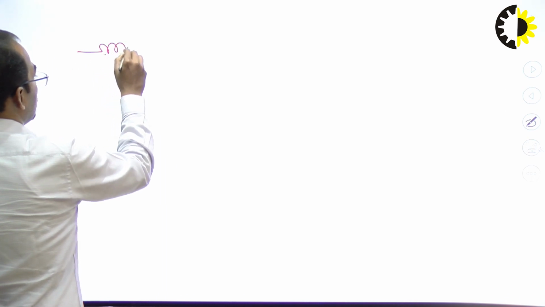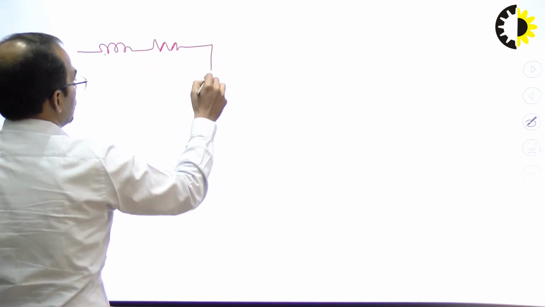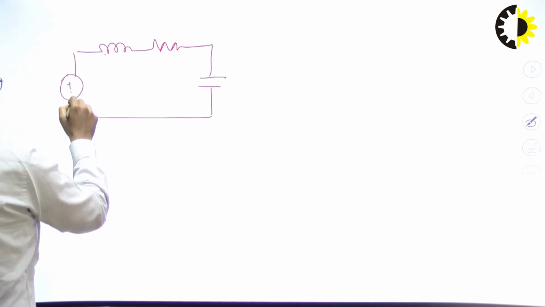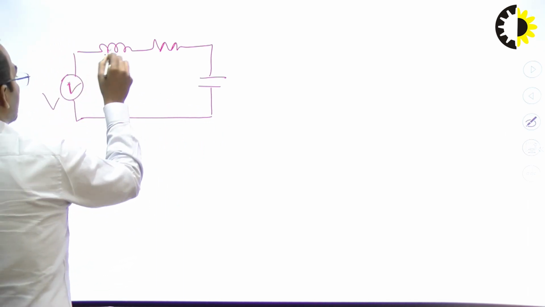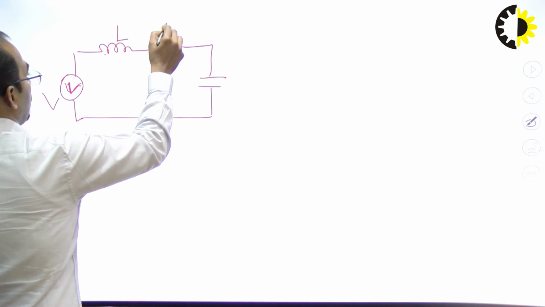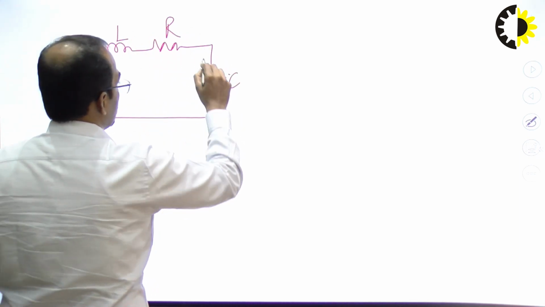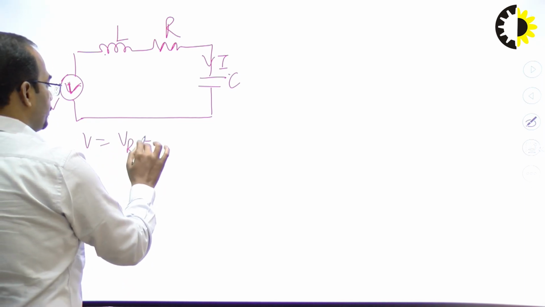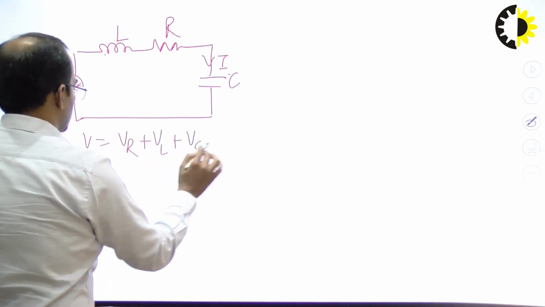Similarly, for the series L, R, C network, V is equal to VR plus VL plus VC. We have already discussed this.